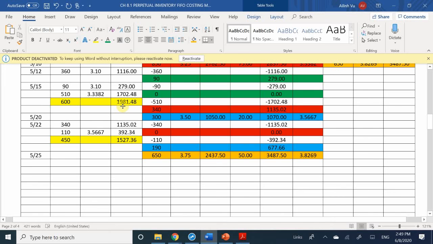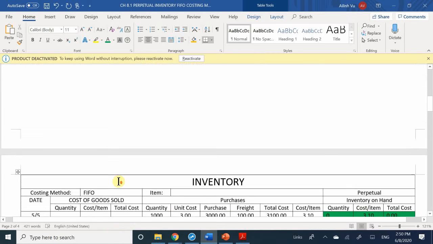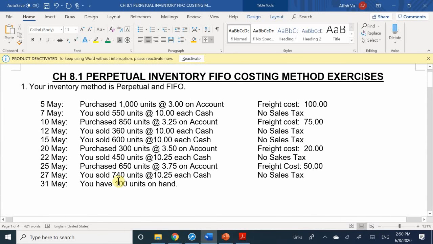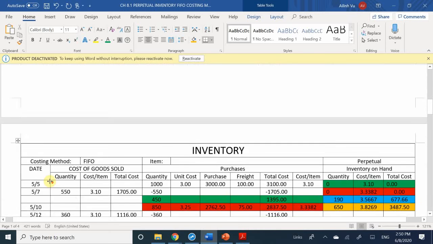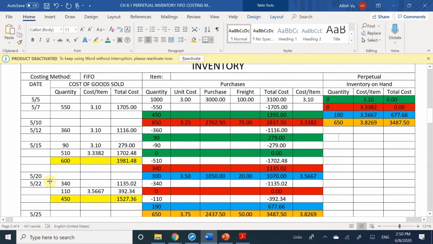All right, now that we've indicated that, what happened next? What's our last thing that we did? You sold 740 units on the 27th of May. Correct. Now let's look at our batches. Do we even have 740?